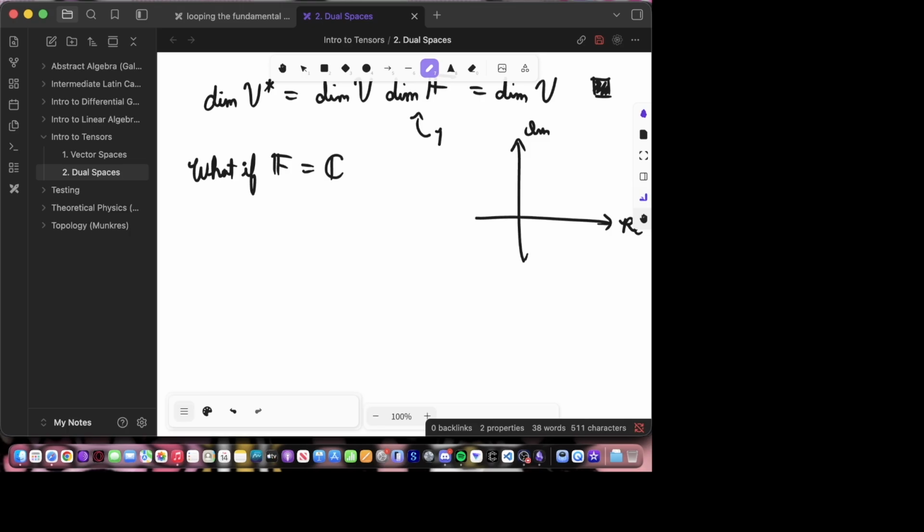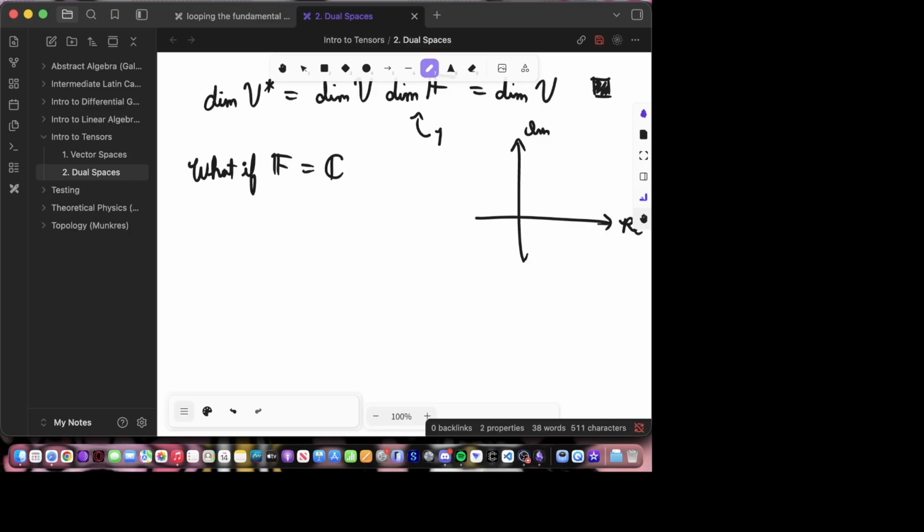such that a linear combination of the basis vectors can be any vector in the space. And as it turns out, for the complex numbers, the scalars are not real numbers, and it's not that 1 and i are basis vectors.